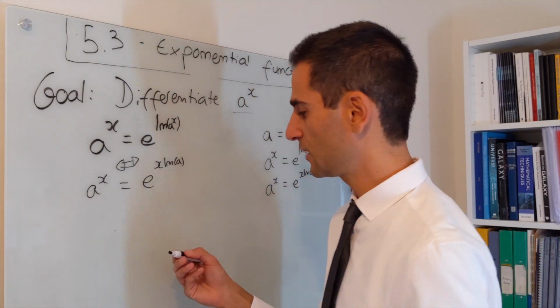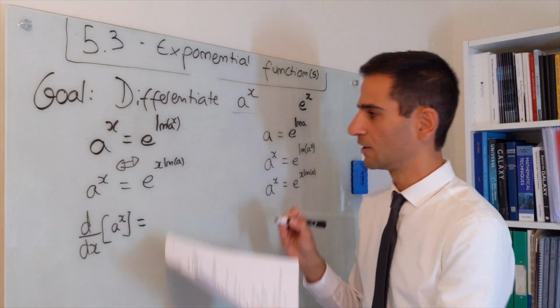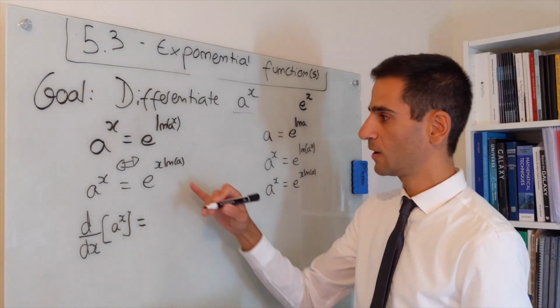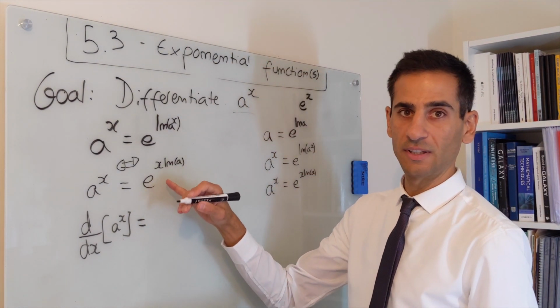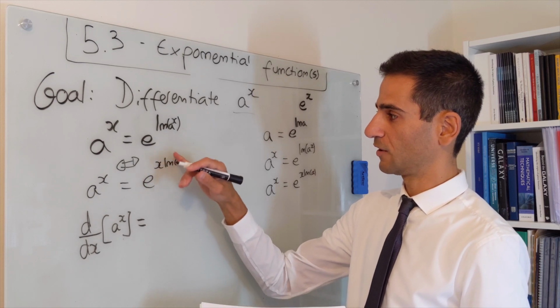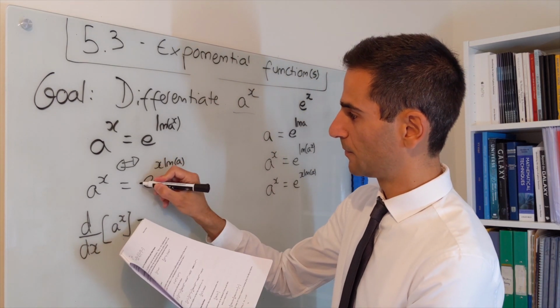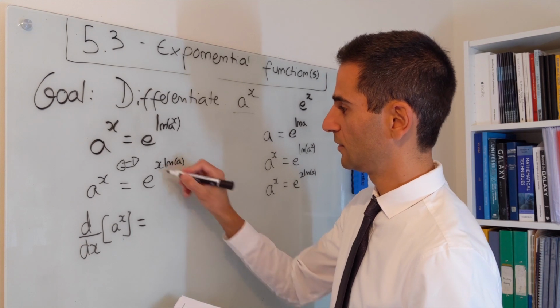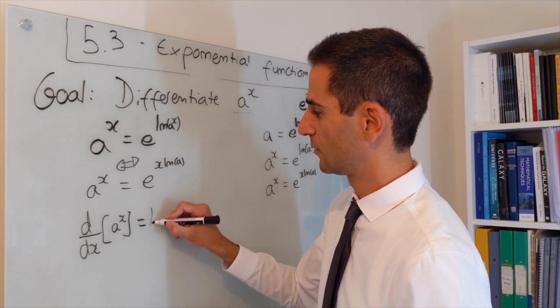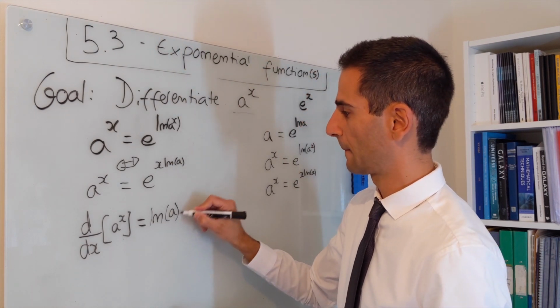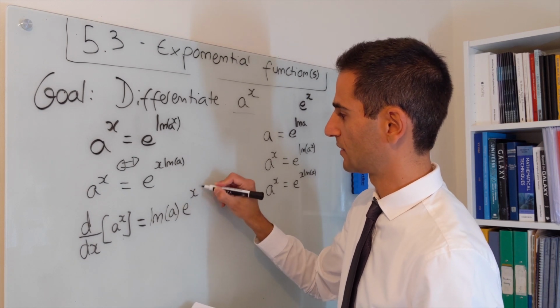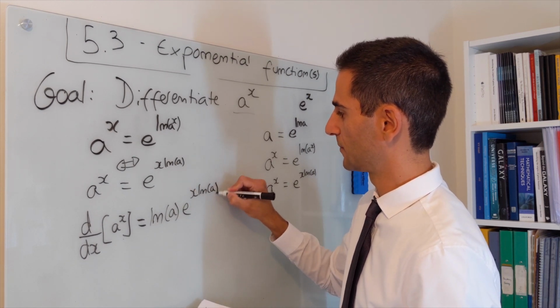Let's use Leibniz notation. From this side, from what we know, the derivative is simply the derivative of the function on the top, multiplied by e to the power of x ln a, which means ln a times e^(x ln a).